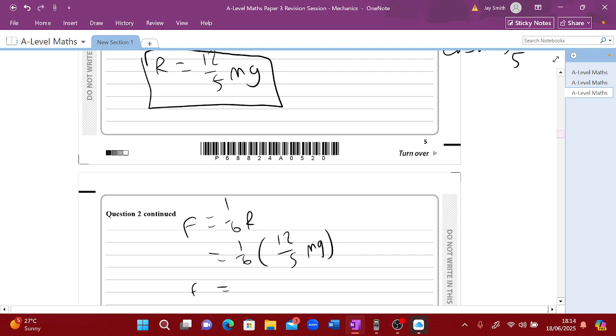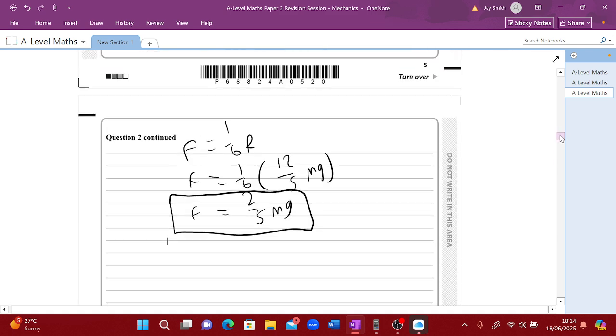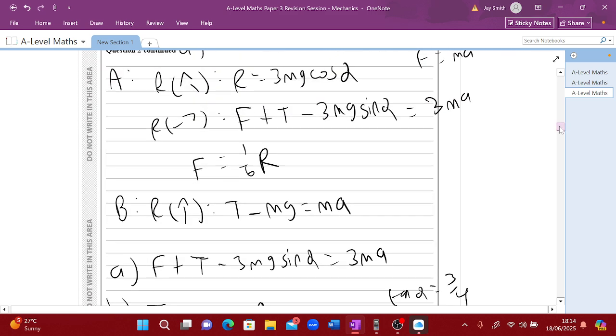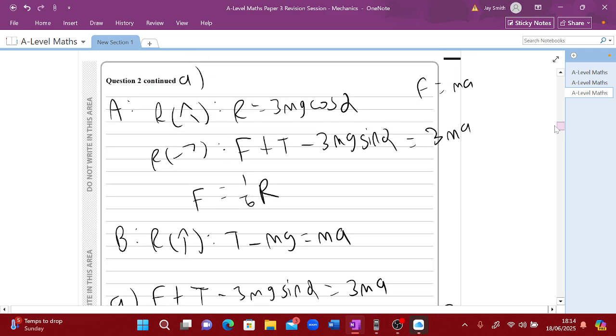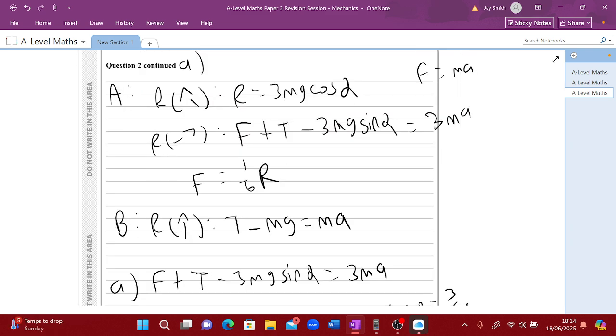So that's going to be times all that by 1/6. You get 2/5 mg. And there we go, we've got F as well, just in terms of m and g. That's fine. m and g are just constants that we know. And yeah, that's it. Now we know F and T in terms of a, m, and g.